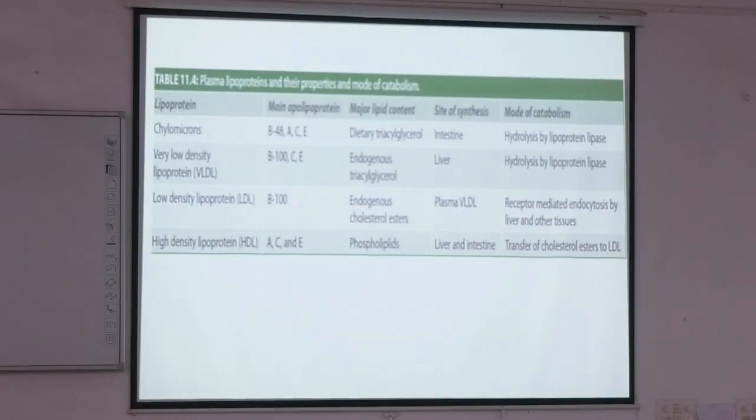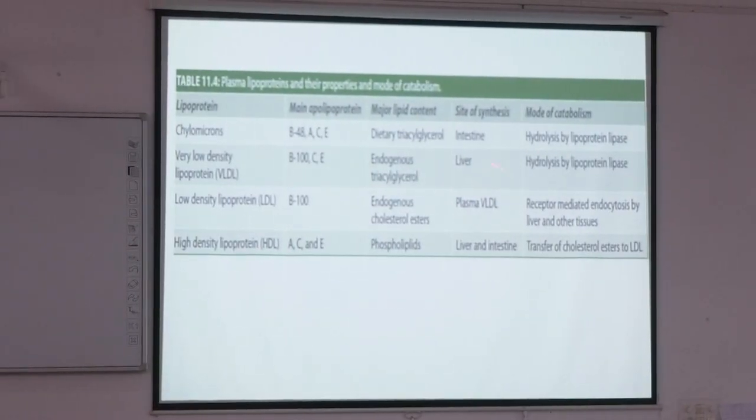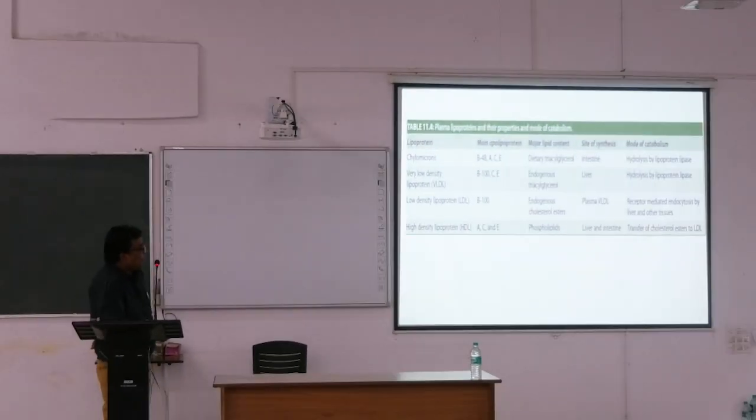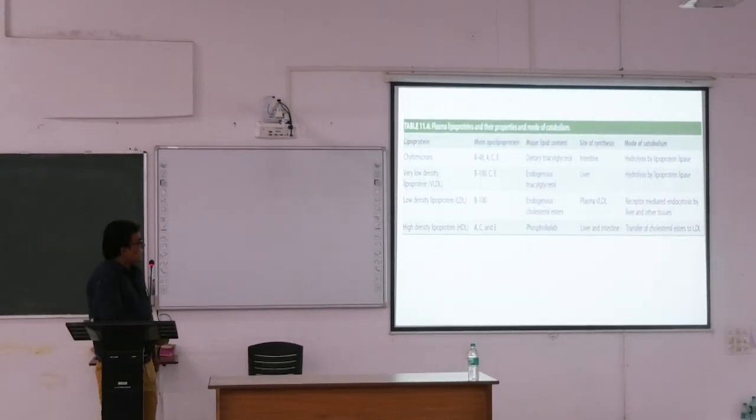VLDL majorly contains B100 apolipoproteins, and is taken up by receptor-mediated endocytosis in the liver and other tissues. HDL contains other classes of apolipoproteins.